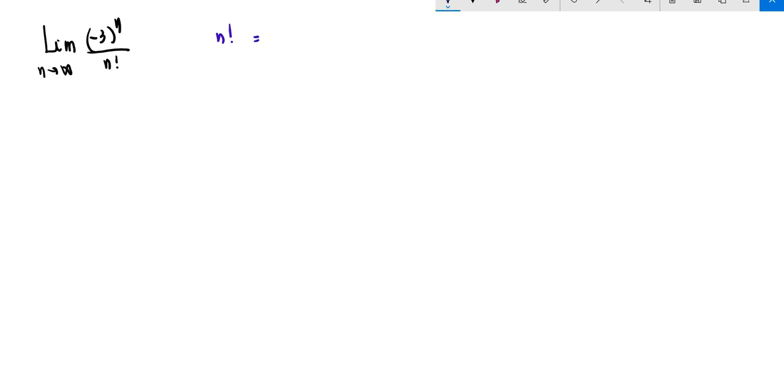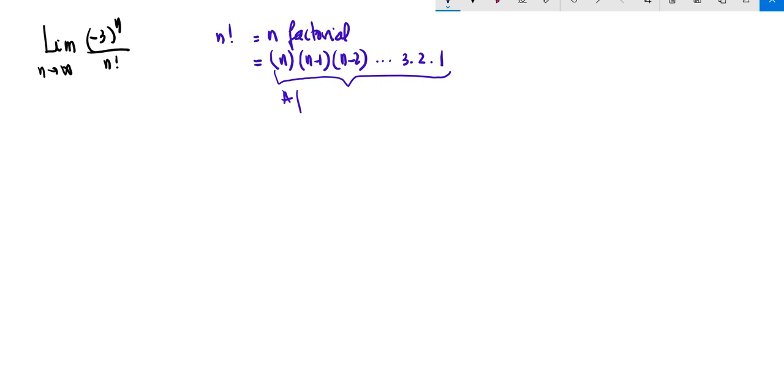N factorial, which is read n factorial, is simply the product n times n minus 1 times n minus 2 all the way till 3 times 2 times 1. Okay, so this is just a product. N factorial is a product of a countdown from n to 1.